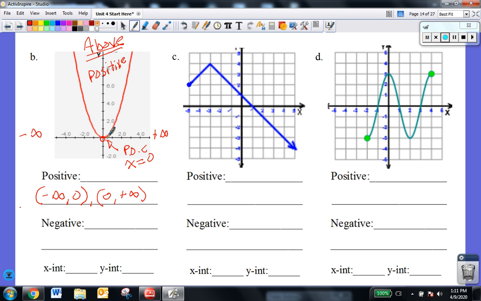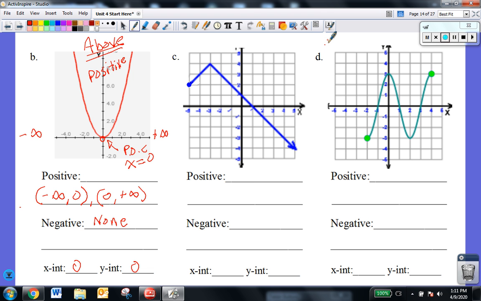That is not included in the interval of positive or negative. We have no intervals of negative, so none. This graph doesn't ever go below the x-axis. Okay? The x-intercept is 0, and the y-intercept is also 0. That's pretty cool.